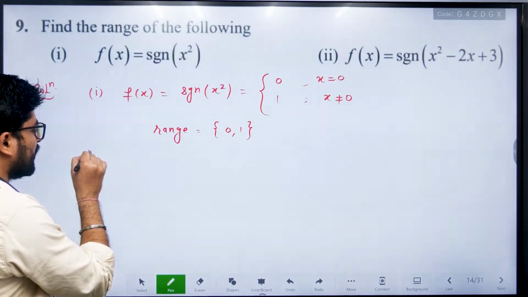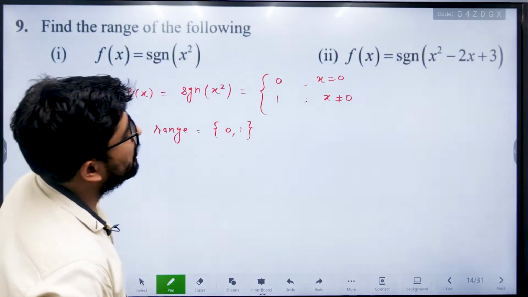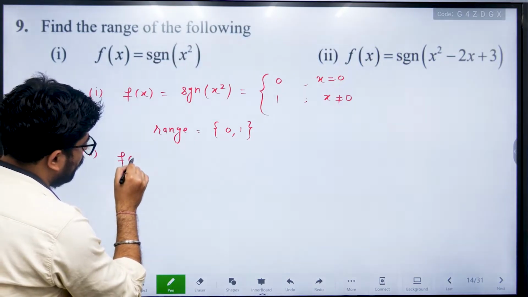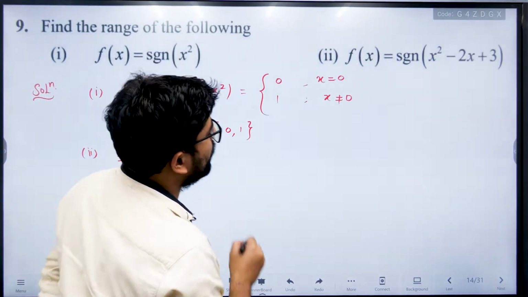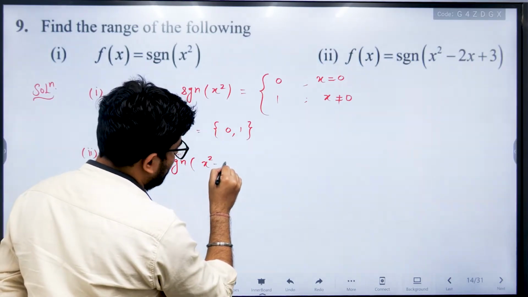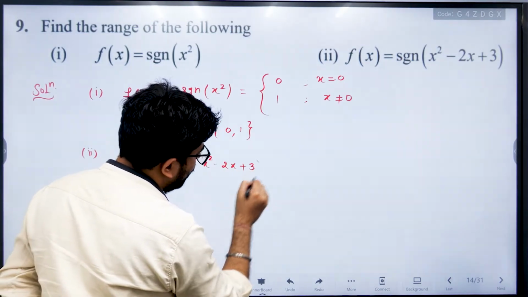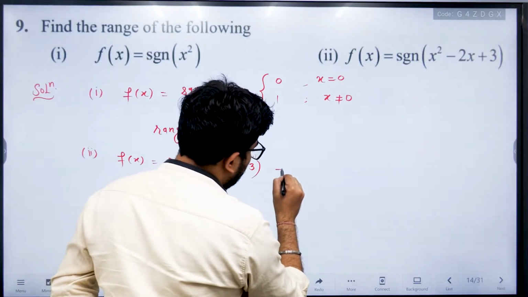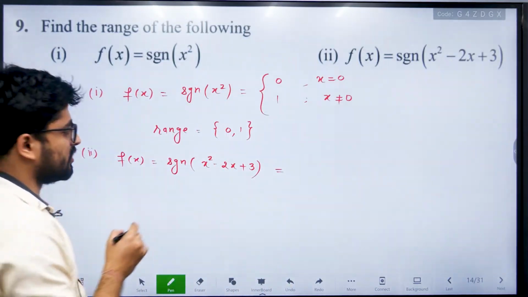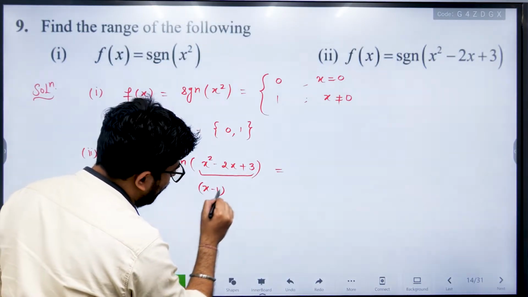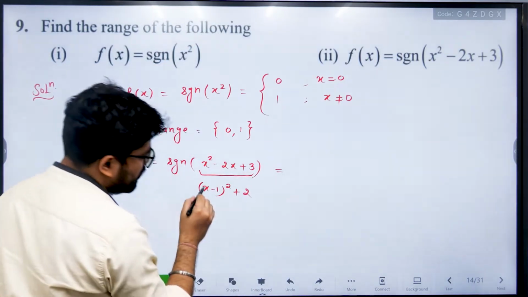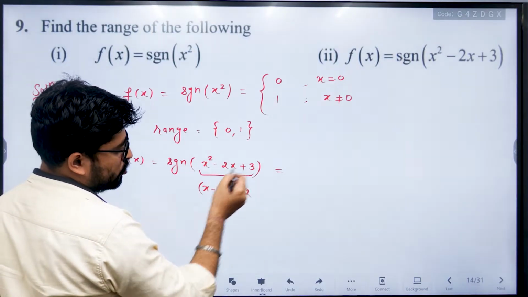Yes, second part is what? Second part is f of x equals signum of x square minus 2x plus 3. And we know something about x square minus 2x plus 3. This can be written as (x minus 1) whole square plus 2, since x square minus 2x plus 1 plus 2 gives plus 3.